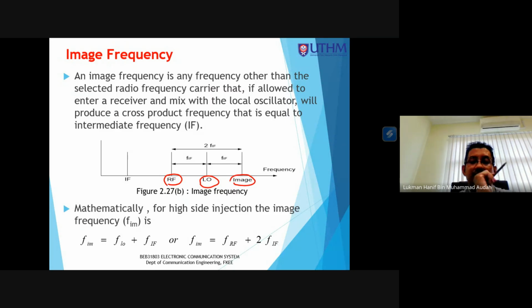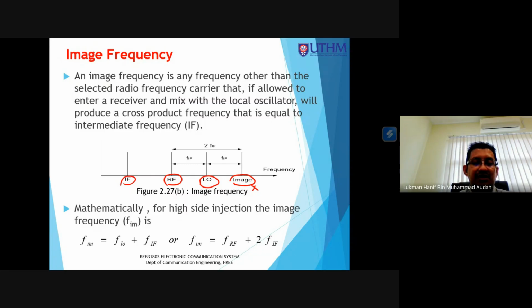The image is located at 2 times the FIF. So we have to block this high frequency from entering the preselector. If you see that the distance is similar to the IF frequencies, so we don't want this image to enter the preselector.